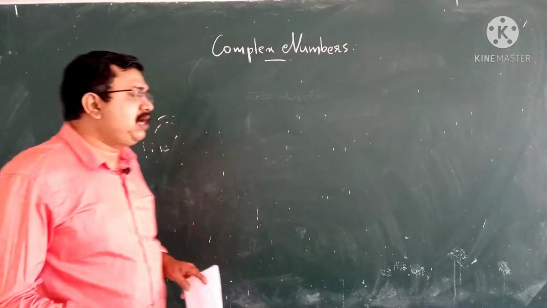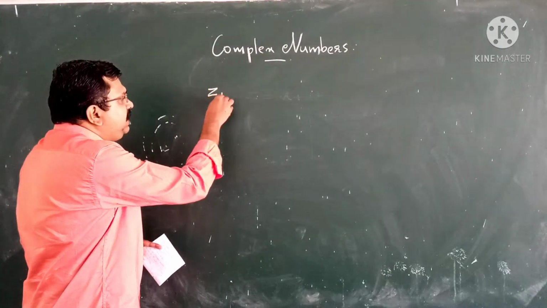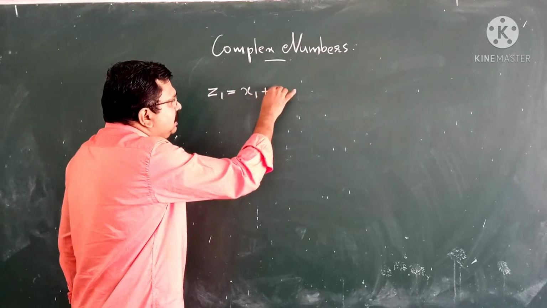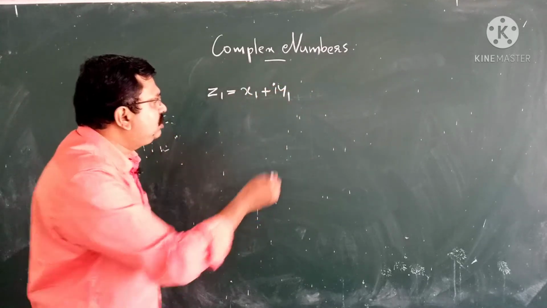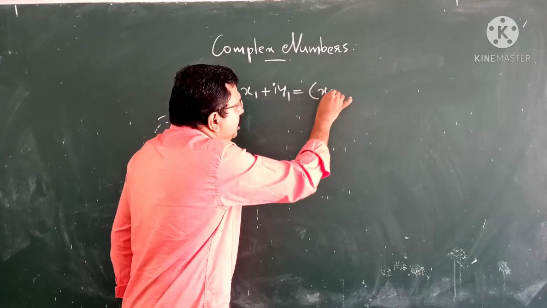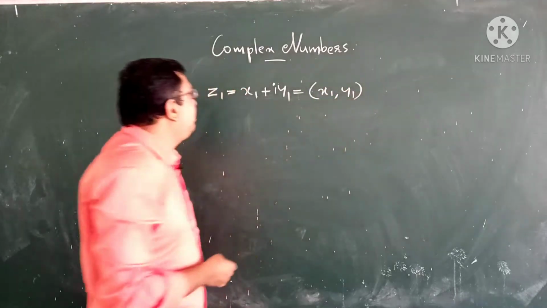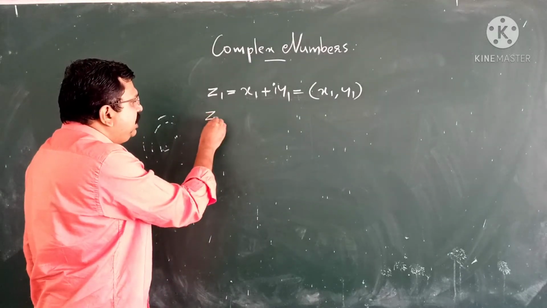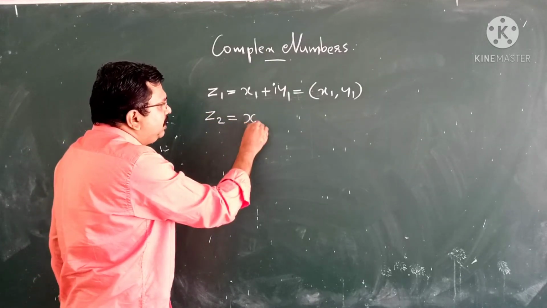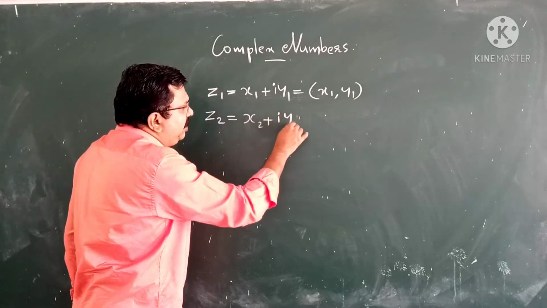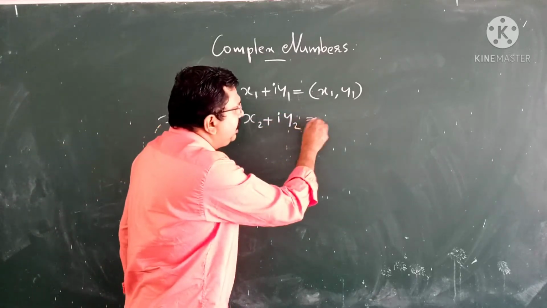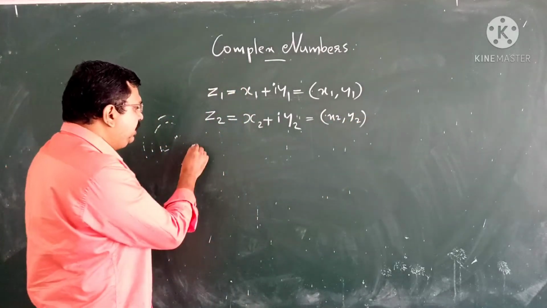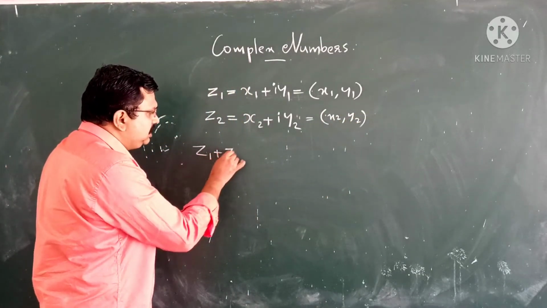Let us assume that z1 equal to x1 plus iy1, or this can be written as (x1, y1), and z2 equal to x2 plus iy2, or this can be written as (x2, y2). Then we want to find z1 plus z2.